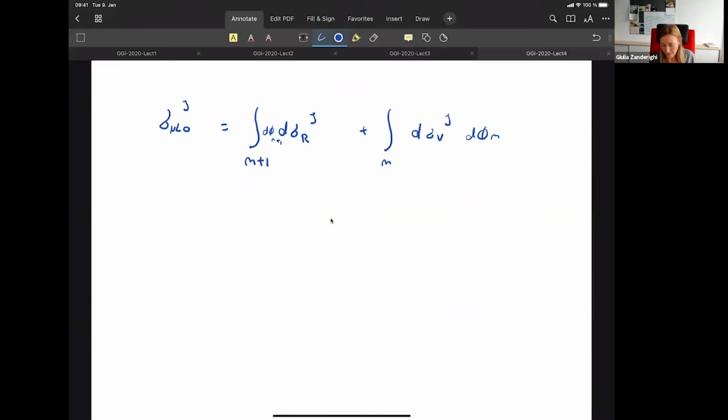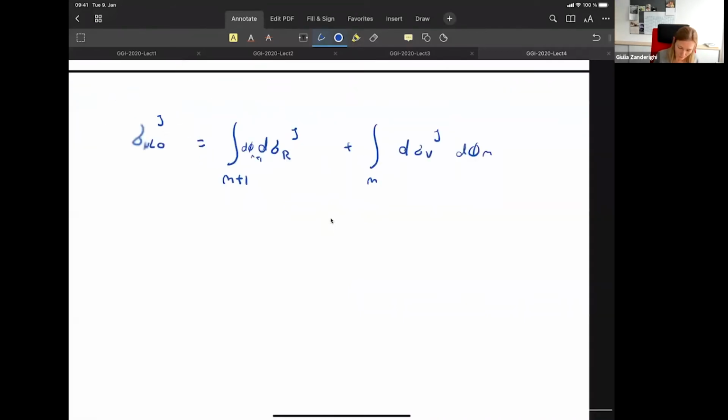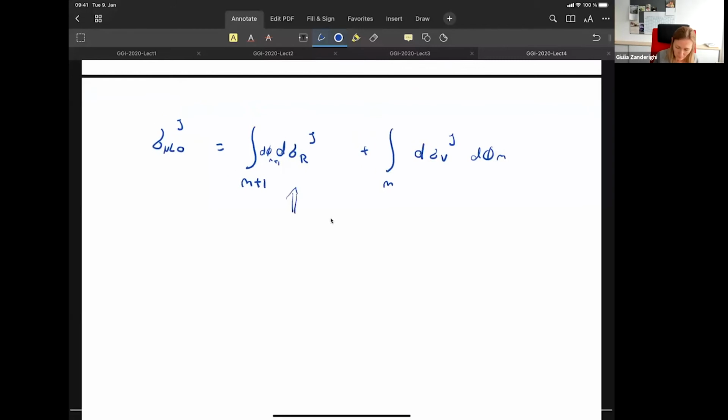Now there are two methods. One is so-called phase space slicing. Let me just say in words what this is. This is not used much at all, so I don't want to discuss it too much. Phase space slicing means that essentially you take this real contribution, and when you are away from the divergences, you integrate it numerically.